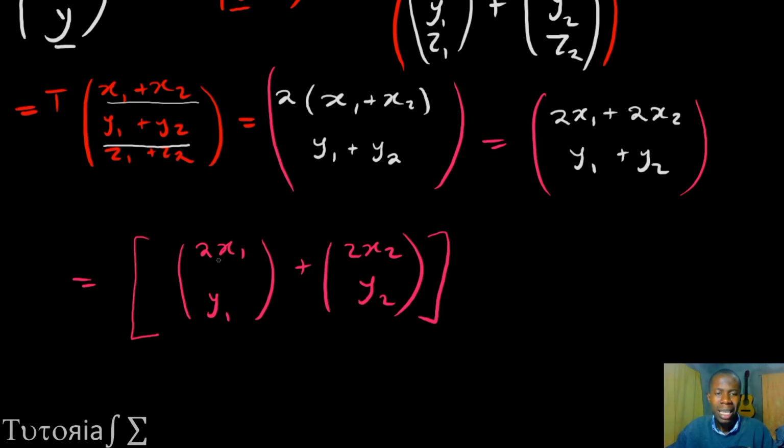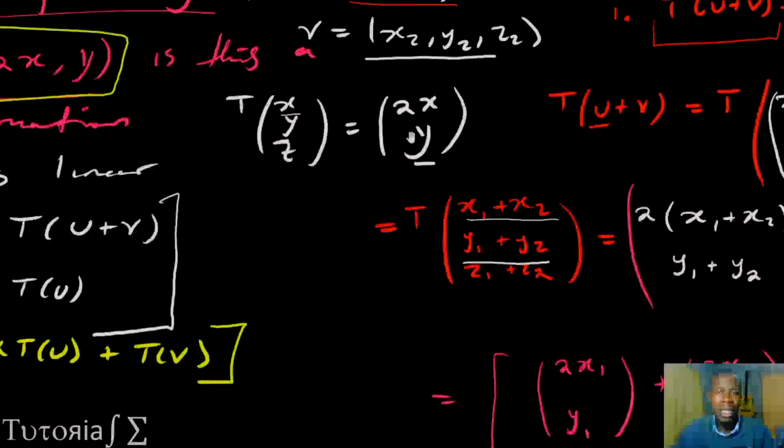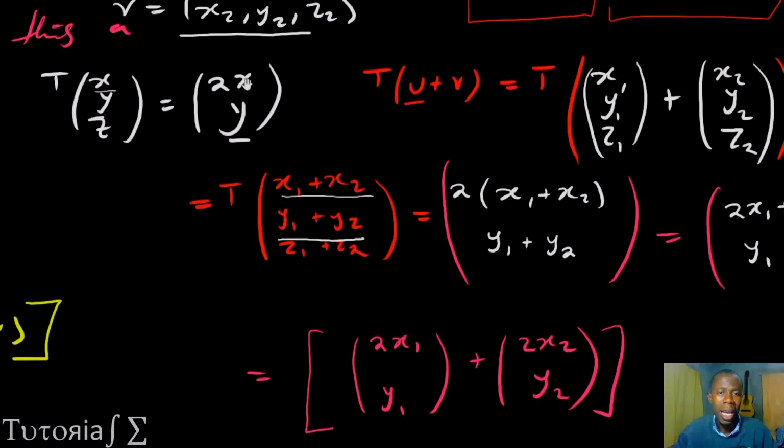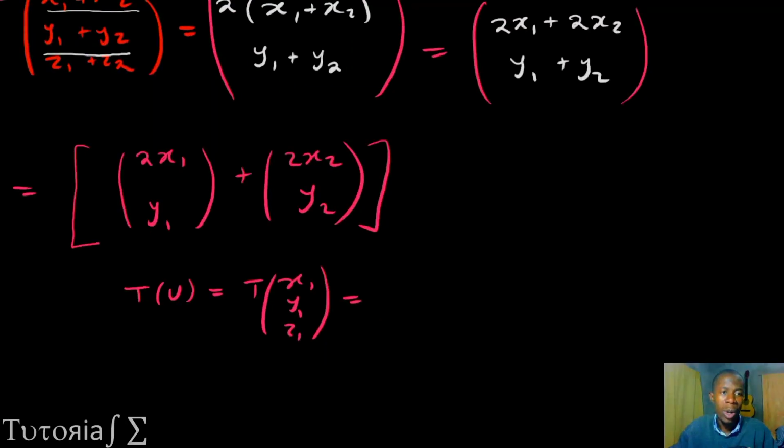So if you notice, this is actually the transformation of u, which is equal to transformation of x1, y1, z1. You notice that when we transform u according to this definition, where we get 2x, in this case it will be 2x1, and y1 is basically this part here.